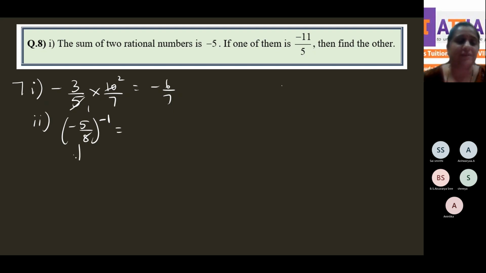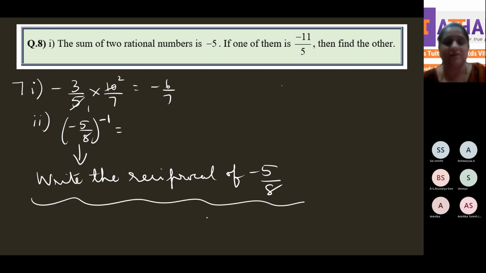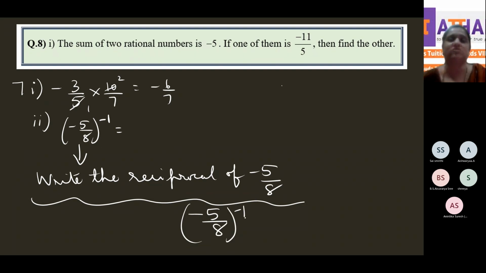See, if I have to explain this in words, it is write the reciprocal of minus 5 by 8. This is in words. If I have to write the same thing symbolically, then I say, what is the value of minus 5 by 8 to the power minus 1?